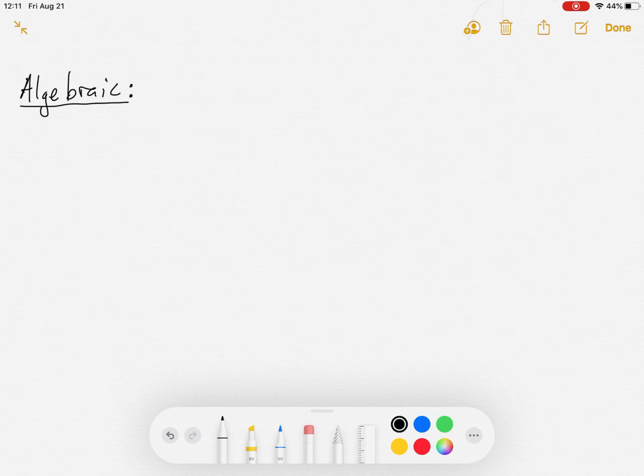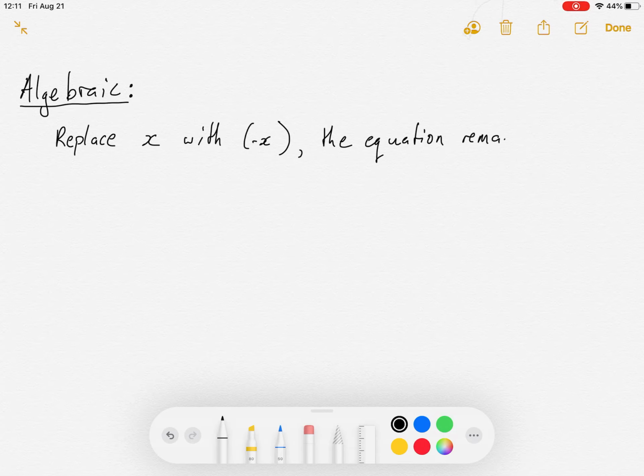So for algebraic, when we replace x with negative x, this is what we talked about in the symmetry section, if the equation remains unchanged, then the function is even.